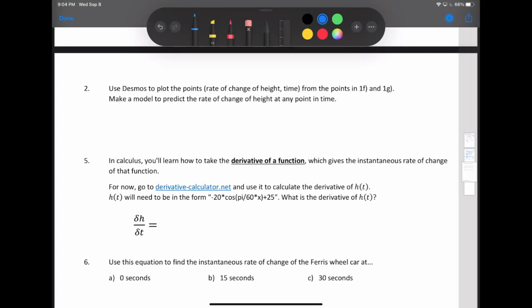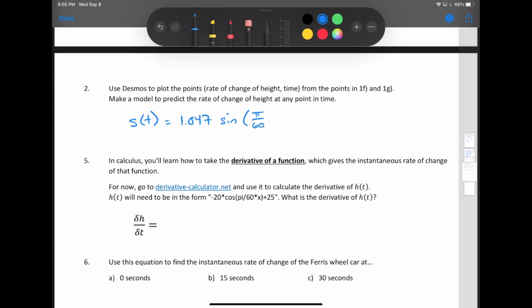What do we want to call it? I'm going to call it speed at time t. It's technically speed upwards. We can call it whatever we want. And it's going to be 1.047 sine of 2 pi over 120, which is the same thing as pi over 60.